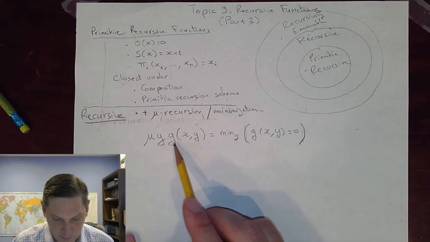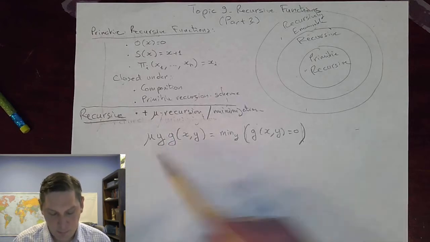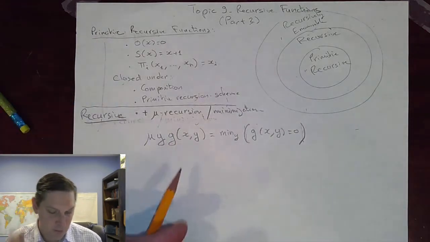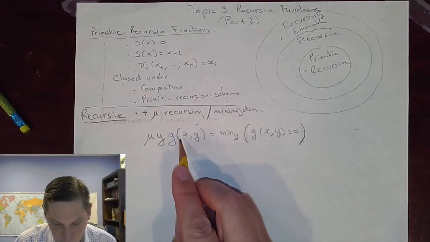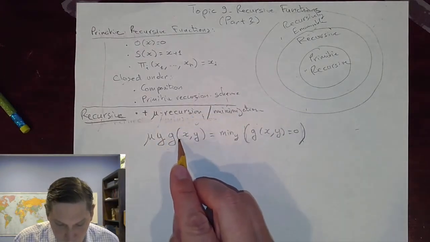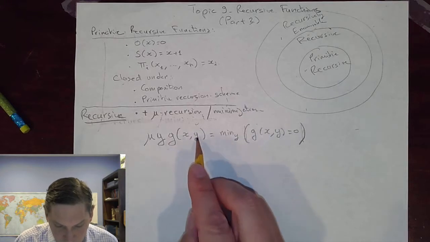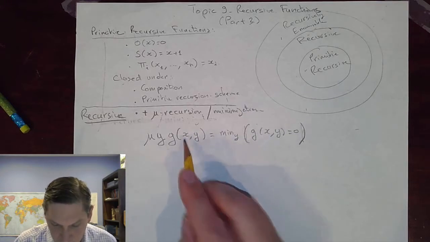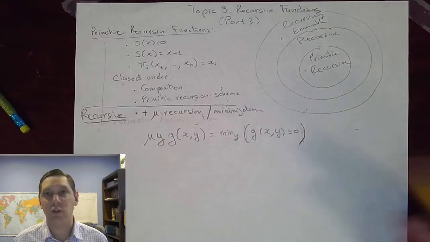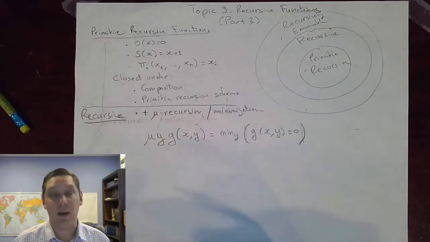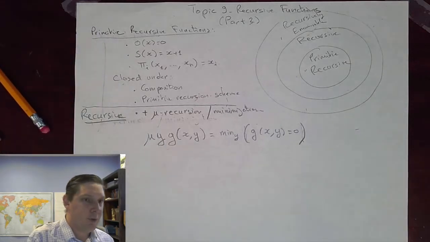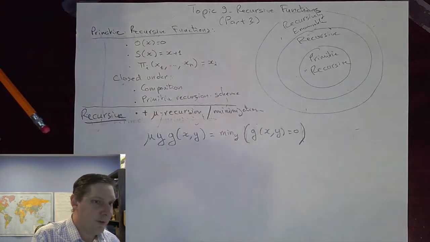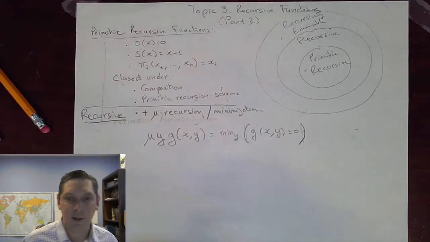You just take the predicate, it can be a predicate of a function, a recursive function, the recursive predicate g here, and you look for the y such that g(x, y) equals 0, and you take just the first y that makes g(x, y) equal 0. So you have different ways of formulating it.